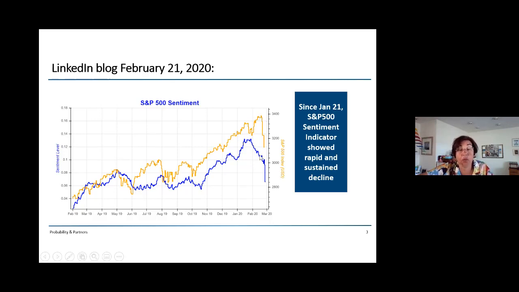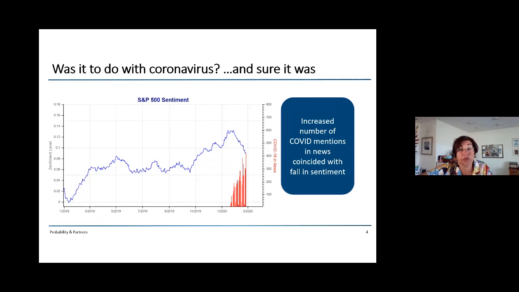So we were thinking, you know, what is going on? Alarm bells were ringing basically when we saw that. Of course, in February, COVID was not yet at the forefront of everyone's mind. However, we suspected that this had to do with COVID.